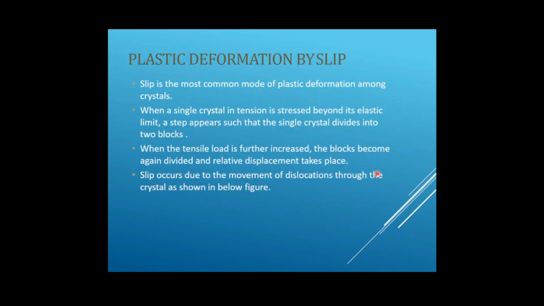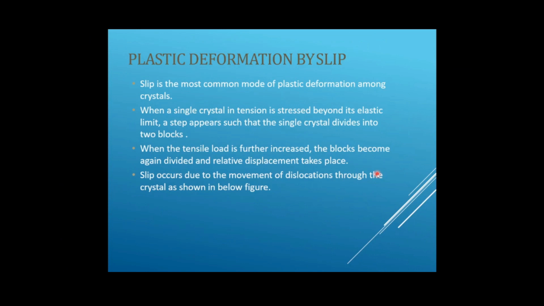So what is meant by slip? Slip is the most common mode of plastic deformation among crystals. When a single crystal in tension is stressed beyond its elastic limit, a change in shape will be produced. A step appears such that the single crystal is divided into two blocks. So when you apply the tensile load, the single crystal will be divided into two blocks.